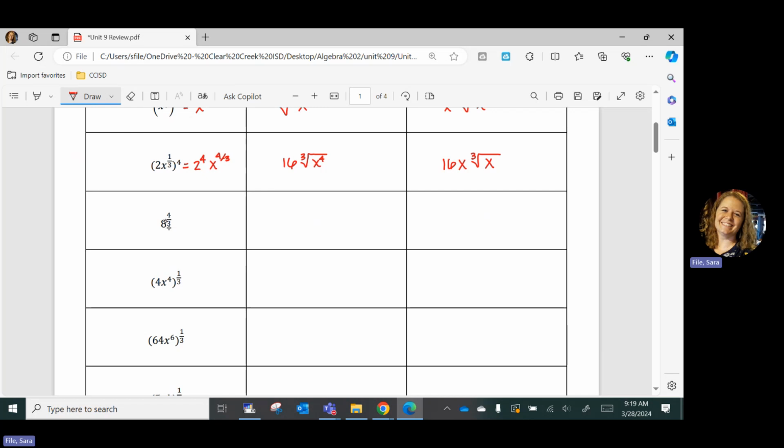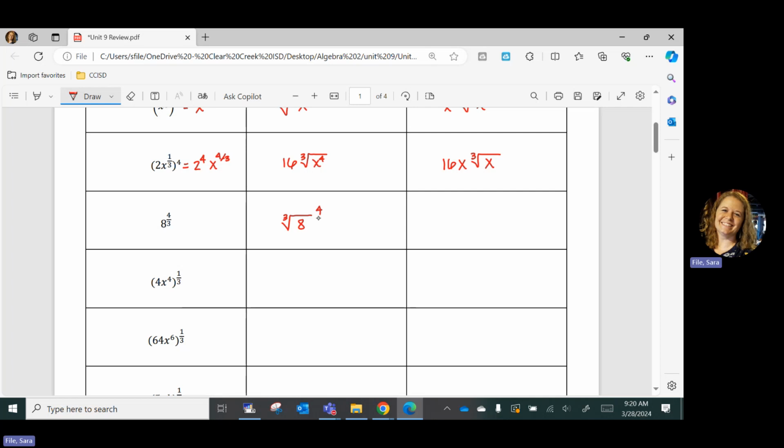Here, this one's an actual number, so I'm going to actually be able to evaluate it. It's not going to have to stay an expression. The 3 is the denominator, so that's the root, and the 4 is the power. I could do the 4 as a power inside, or as a power outside.